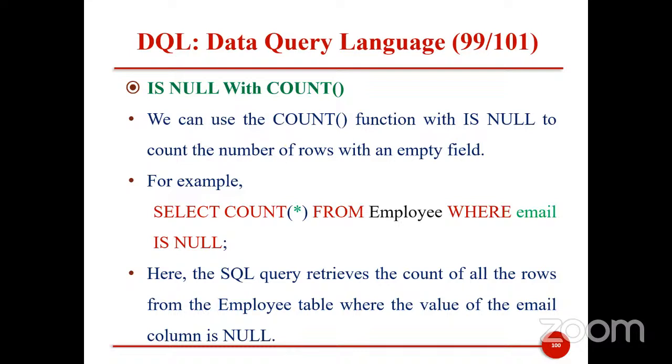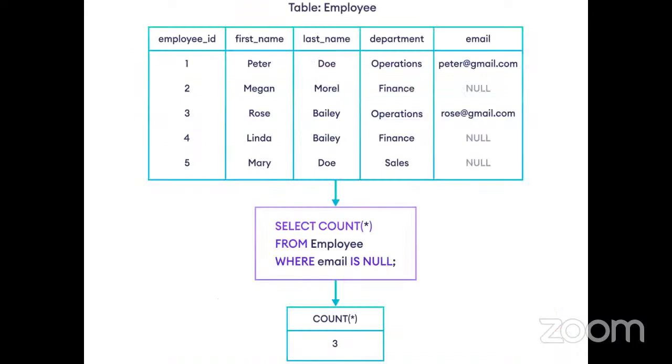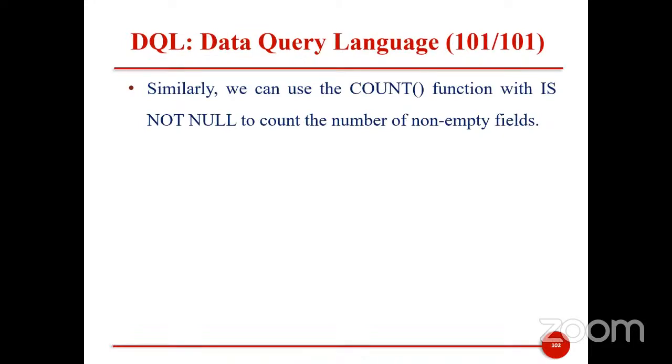It will display 2, because we have 2 employees who have no email addresses. Is it 2? There were 3, I think. Yeah, there were 3. That's why you see it brought for us Megan, Linda, and Mary. They don't have email addresses. Similarly, we can also use count functions with is not null to count the number of the non-empty fields.